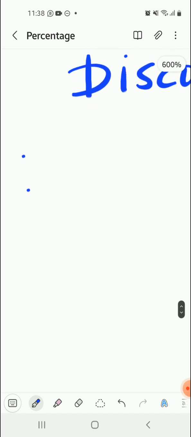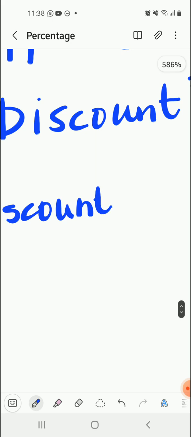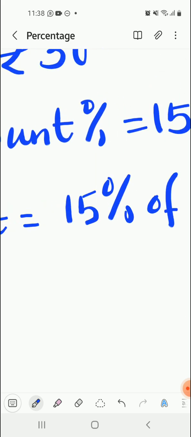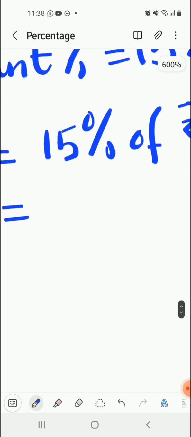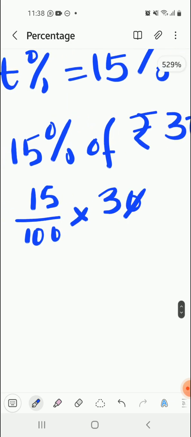So therefore, we'll find out first the discount amount, which is discount is equal to 15% of rupees 30, which is 15 by 100 into 30.